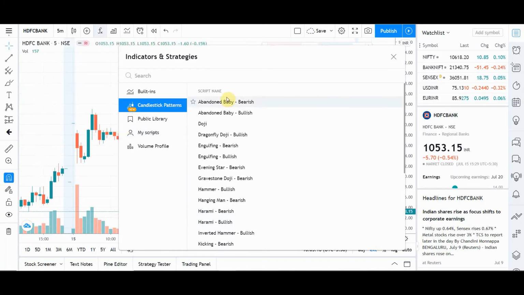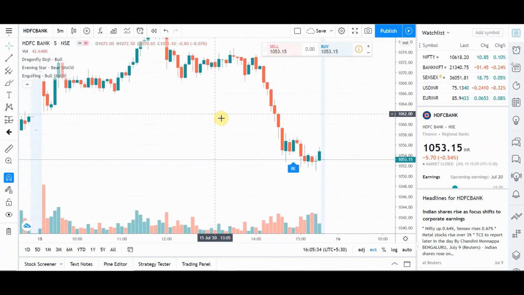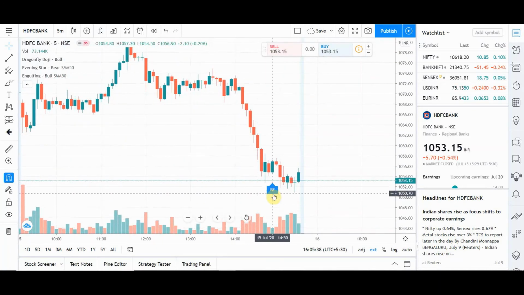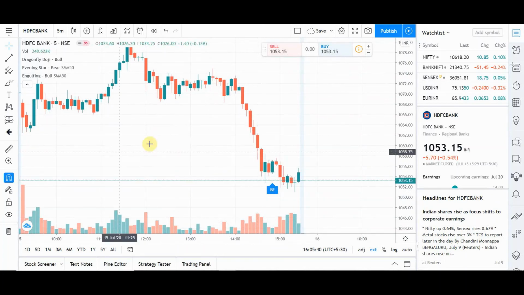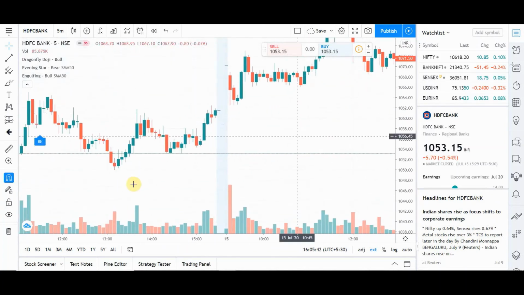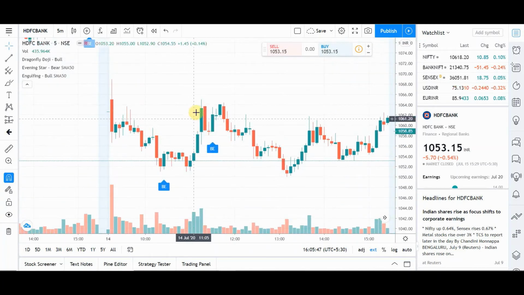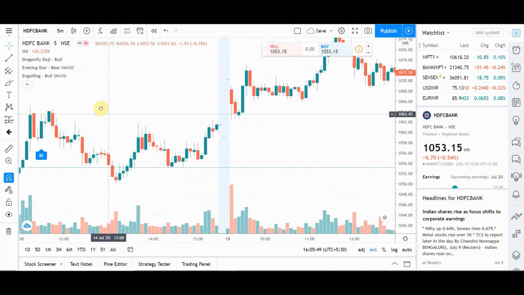For example, by clicking this dragonfly, it will be loaded in the website. Evening star, bullish engulfing, all will be loaded in the website, and here we can see according to our markings that all these candles were of these types.